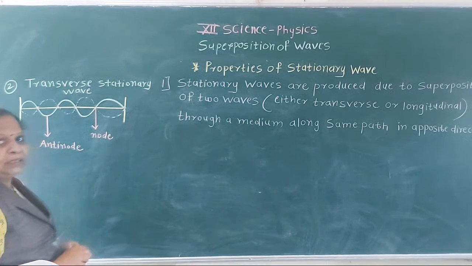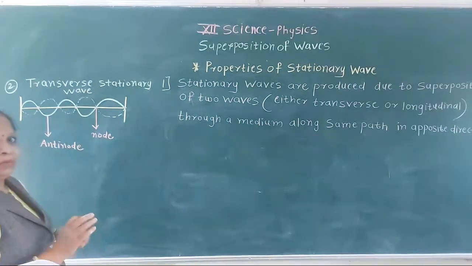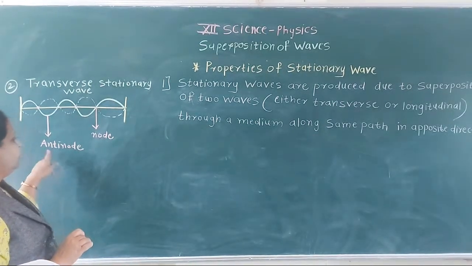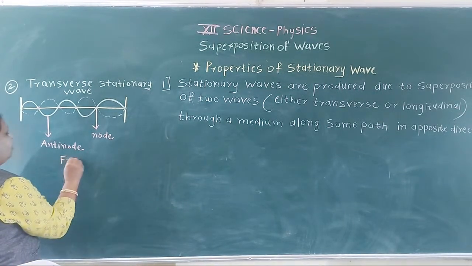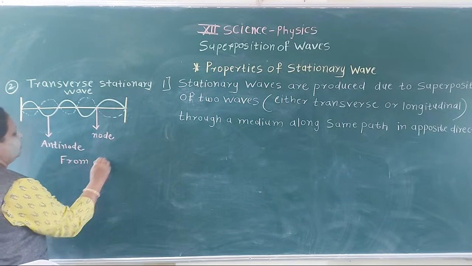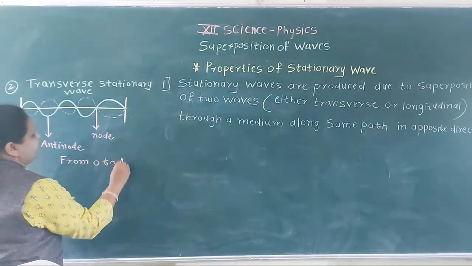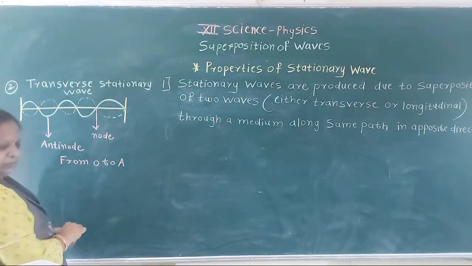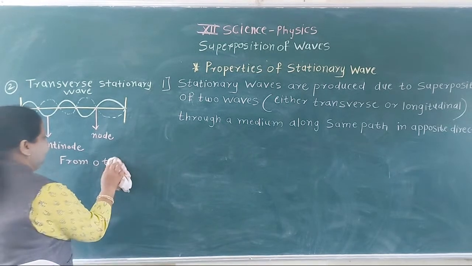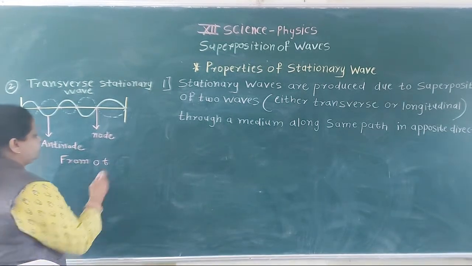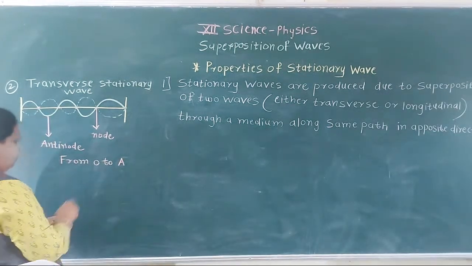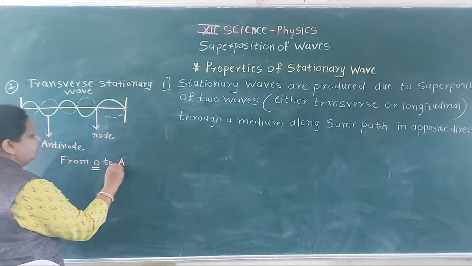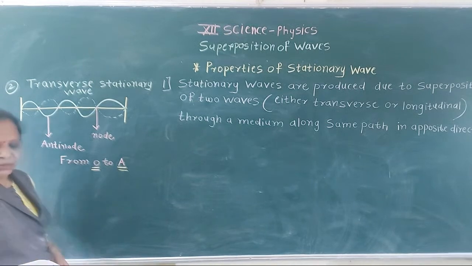And the particles oscillate from node to antinode, means the amplitude is from 0 to A.